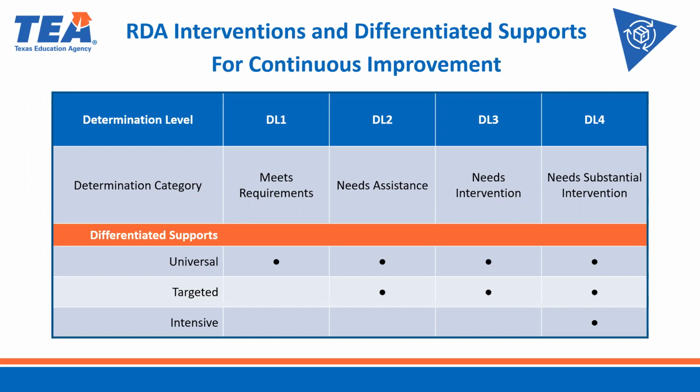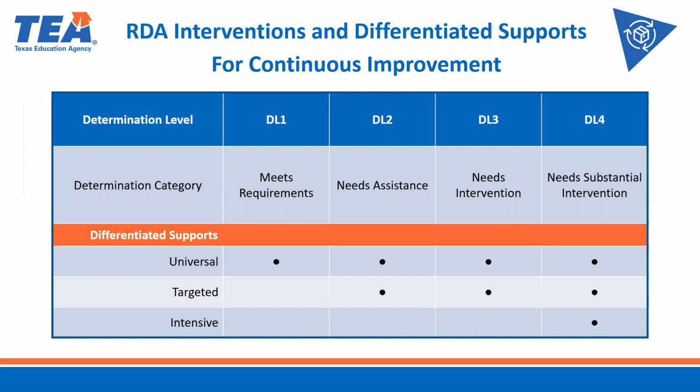The TEA has aligned 3 types of support with the RDA framework to be implemented within the TEA DMS system: universal, targeted, and intensive. LEAs receive differentiated supports based on their individual areas of identified need.